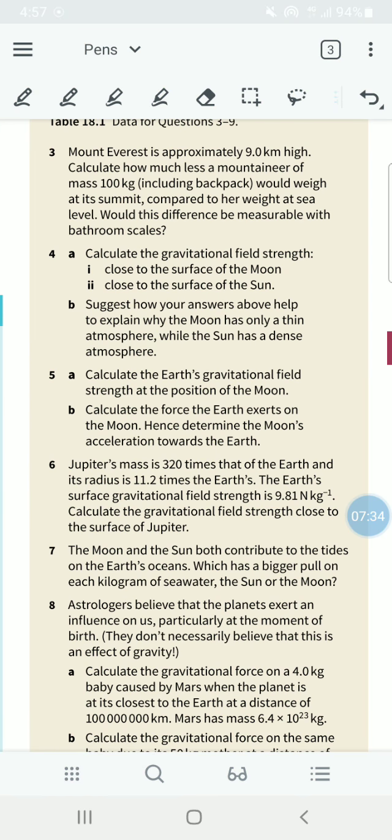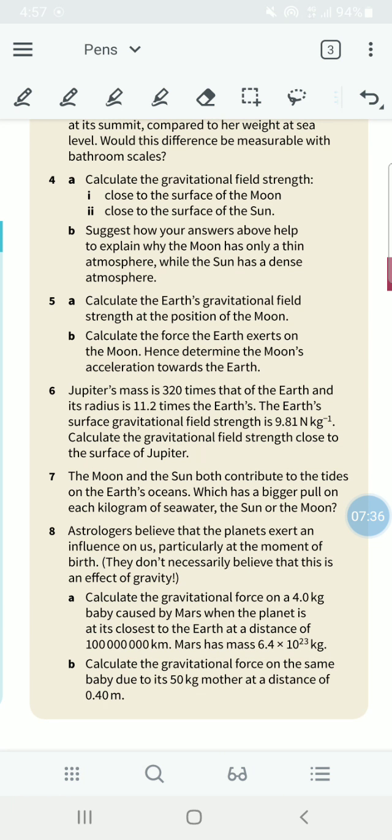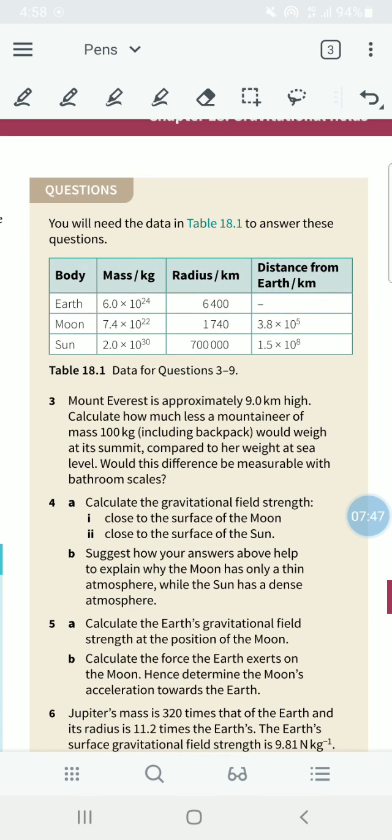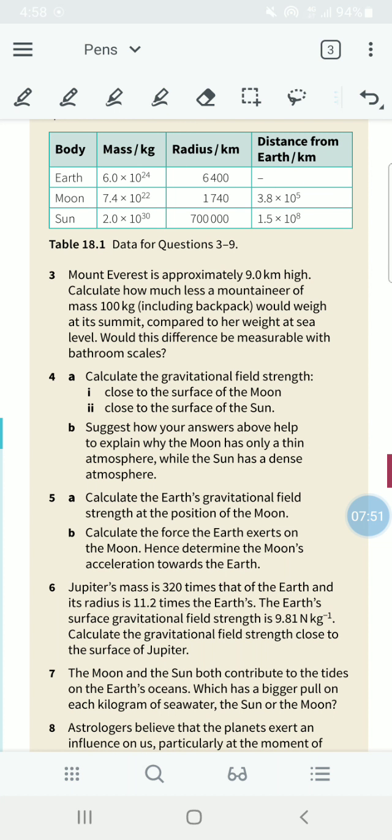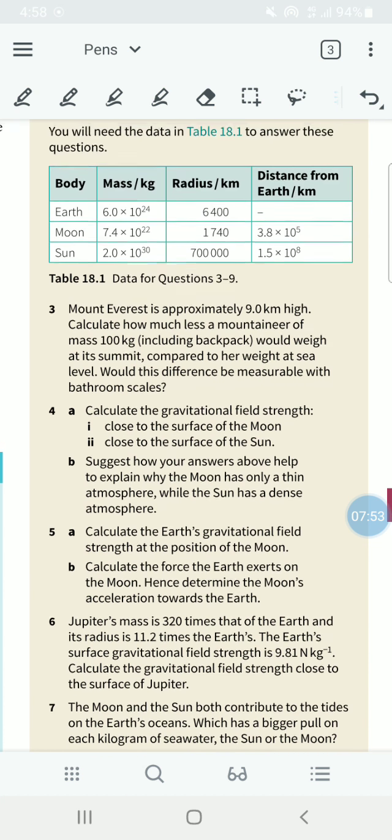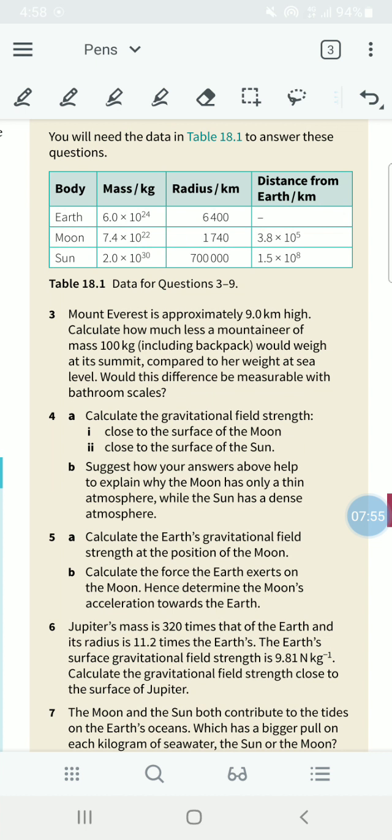Right, question number 5. Calculate the Earth's gravitational field strength at the position of the moon. It is simply using the values that have been given. Distance from the Earth: the moon is 3.8 into 10 to the power 5 kilometers away.